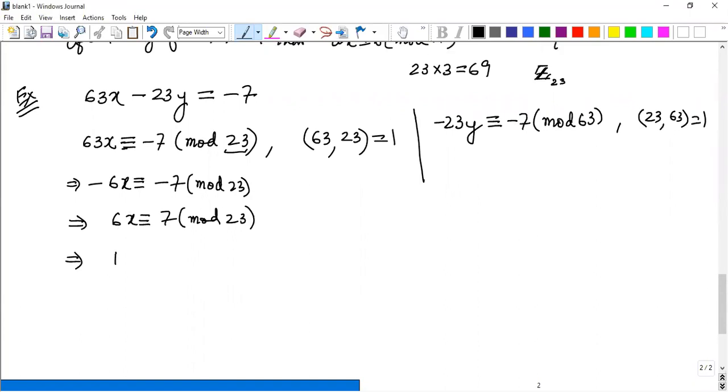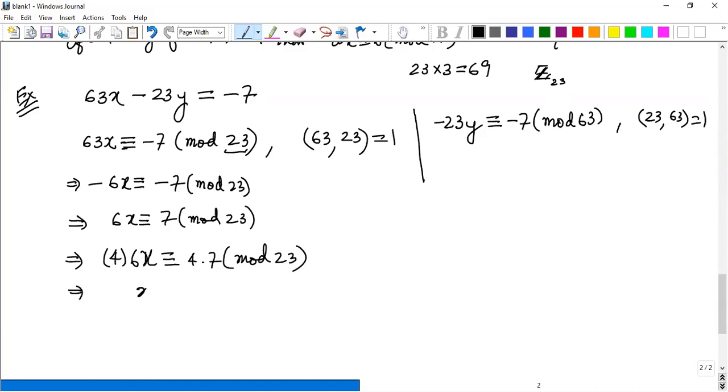So if we multiply 6x by 4, because we have to multiply 4 on both the sides, modulo 23. So 4 times 6 is 24, and 24 is 1 in modulo 23.